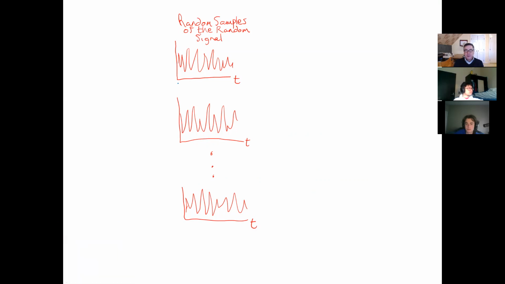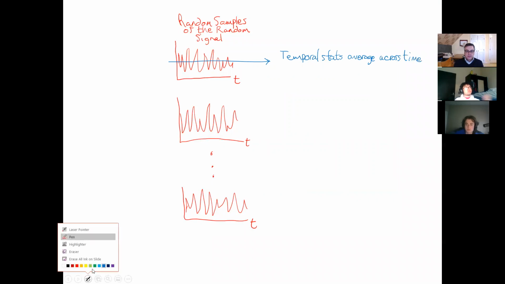Kind of another way of looking at what we were doing is basically temporal statistics, average across time. Okay, but we'll use green.